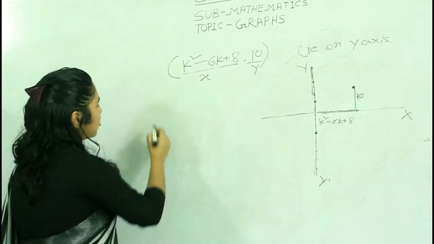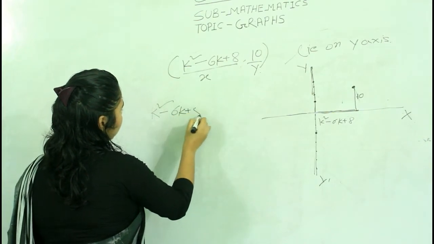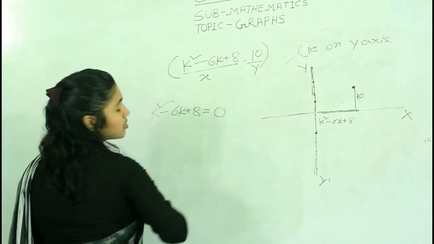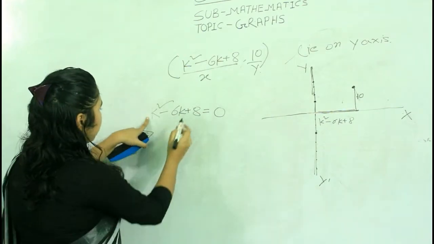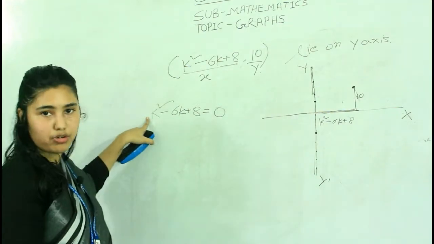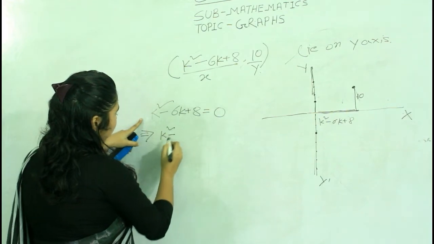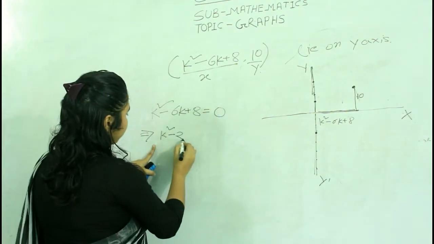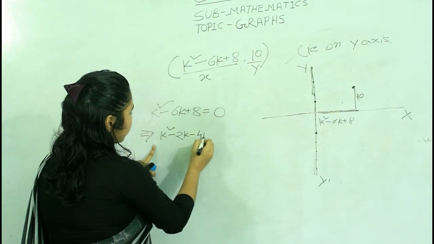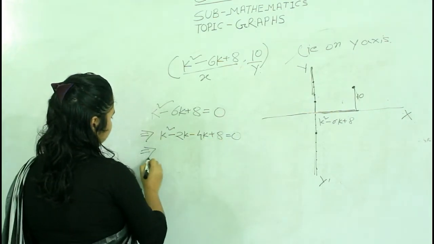So k square minus 6k plus 8 is equal to 0, which implies, now find the value of k. So k square minus 2k minus 4k plus 8 is equal to 0.